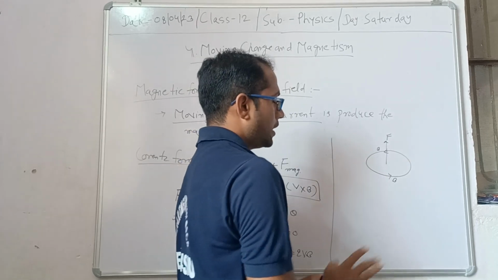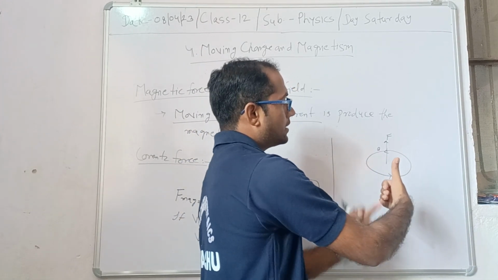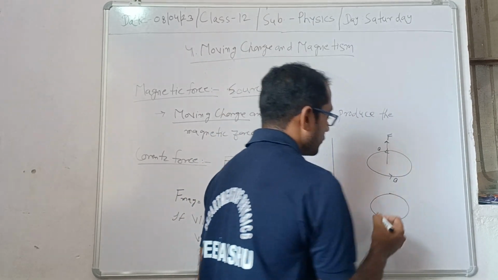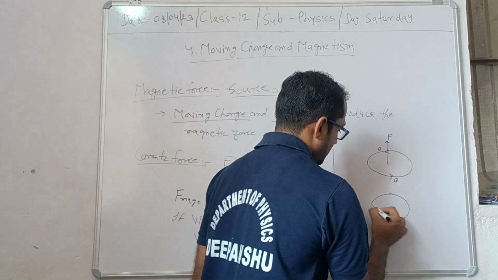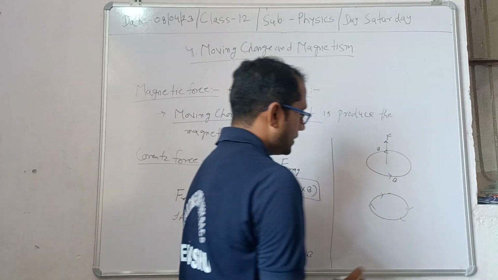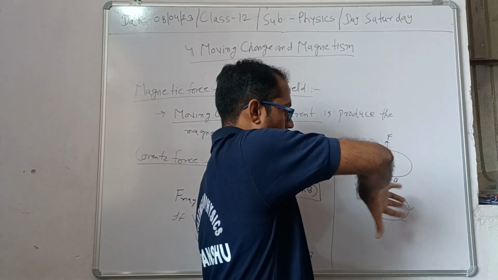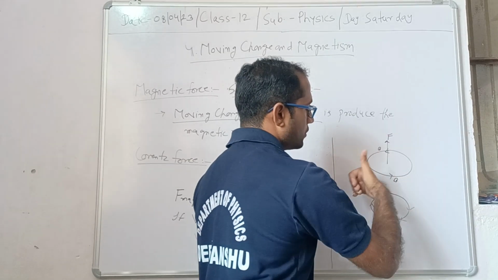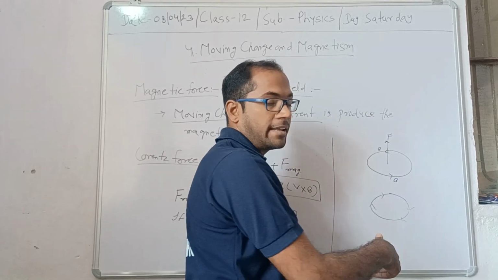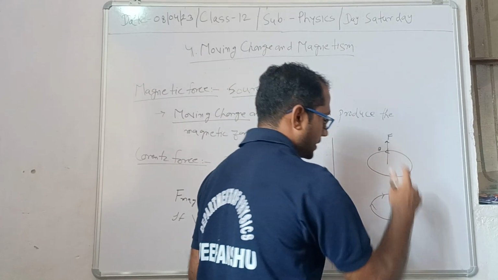So if the field lines in a plane are anti-clockwise, the magnetic force is upward, and if the field lines are clockwise, the force direction is opposite, that is, downward.